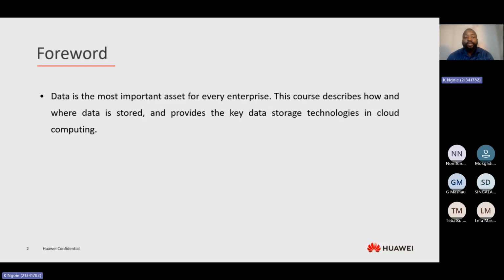And then we have other storages that are non-volatile, such as your hard drive, which we refer to as HDDs. Those are hard disk drives. And then you can have other types of storages, such as cloud storages.